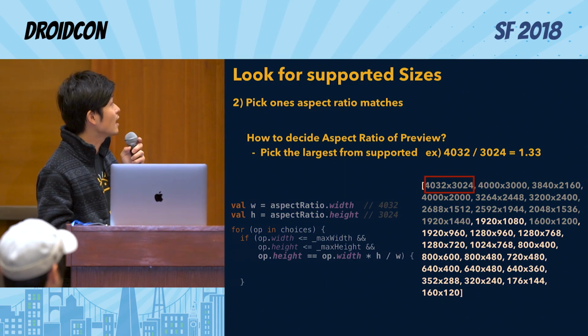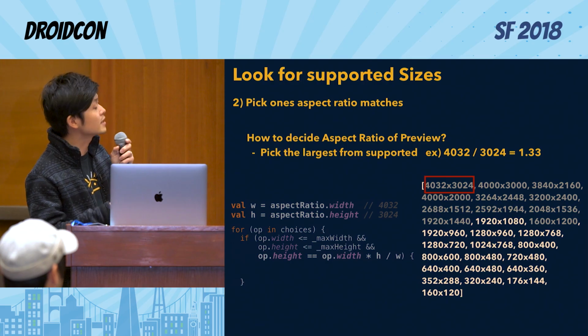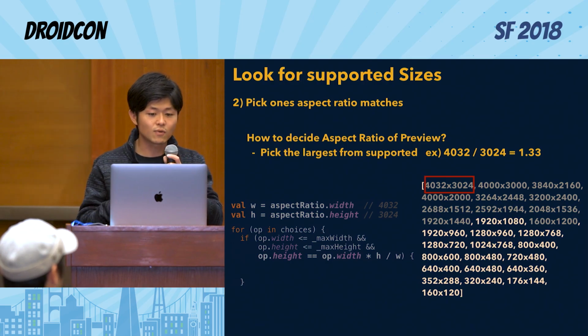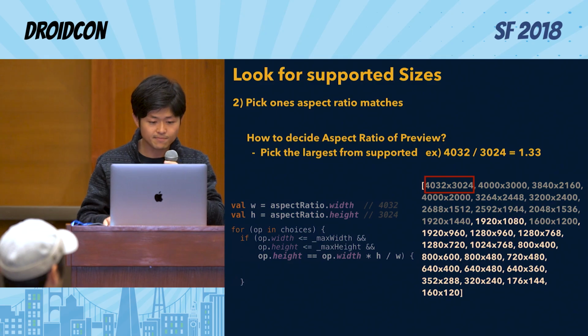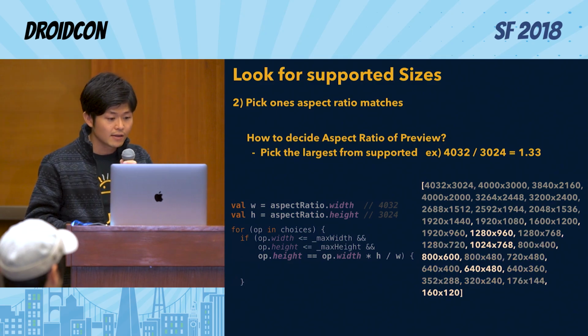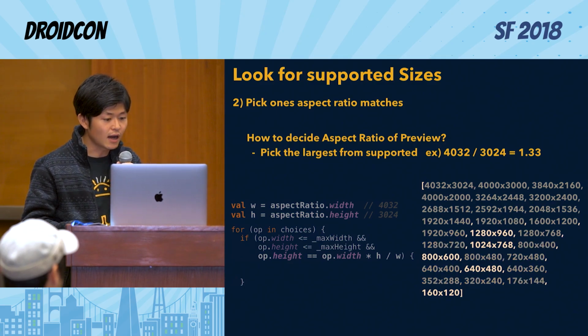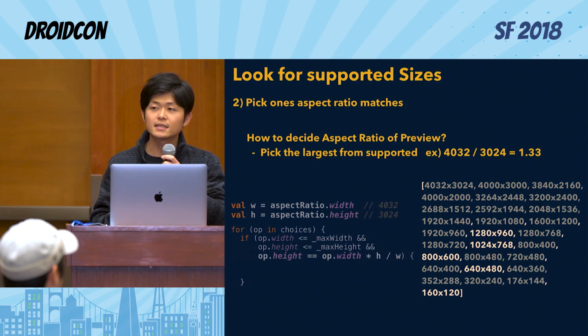In this case, 4032 by 3024 is the largest one, and the aspect ratio is 1.33. With this condition, we can reduce the supported preview sizes down to 5.